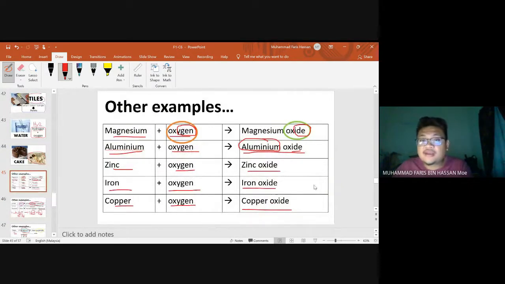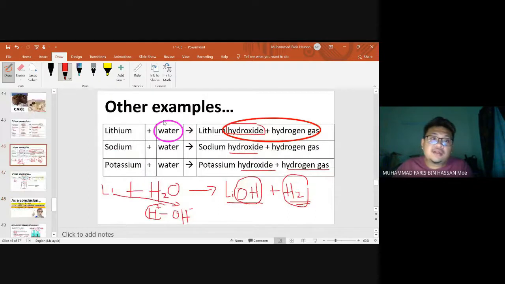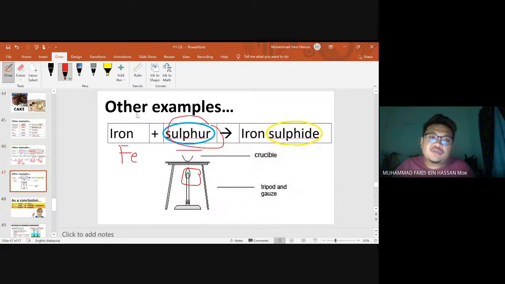Lithium, sodium, and potassium are the alkali metals which react with water to form the metal hydroxide, and they also release hydrogen gas. And same goes for metal. When reacting with sulfur, they will form metal sulfide.